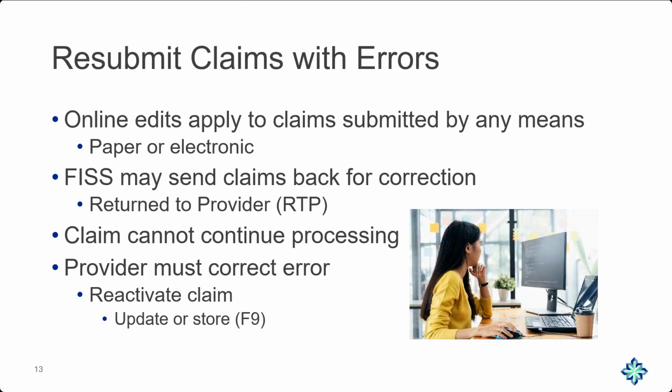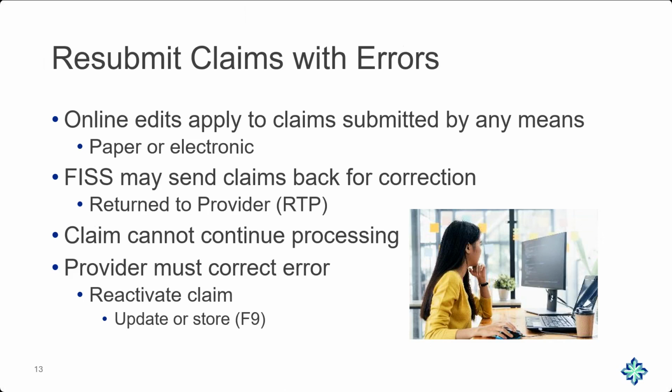We're going to go more in depth on this subject in a later session on correcting claims in DDE. We'll talk about applications, we'll talk about working edits. So when you're working the claims that are in your RTP location, you'll correct the error according to what that reason code or that edit description says, and then you'll resubmit, reactivate, store, save, there are many different terms for it.